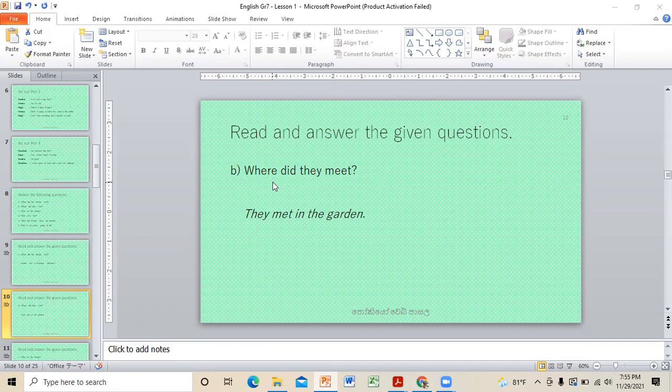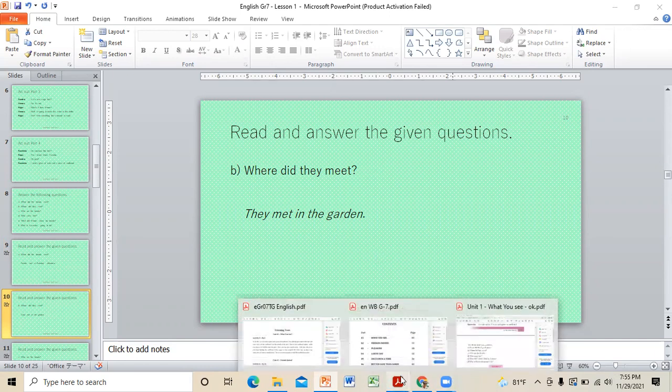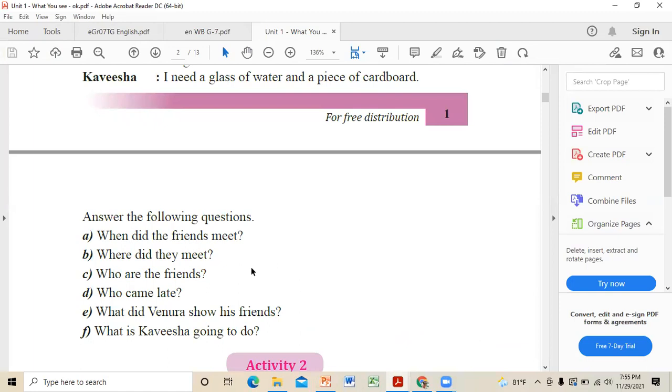And here it is the place. So where did they meet? The answer should be they met in the garden, right? So yes, your answer is correct. And then we will go to the third question. Who are the friends? Yes, hands, we have 3. So chance to Ishini.